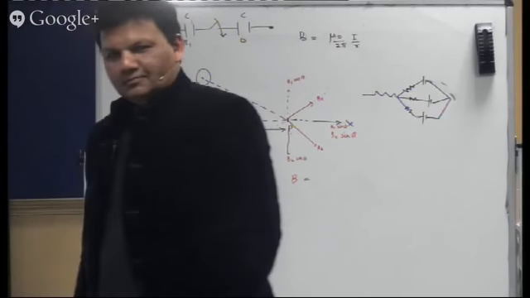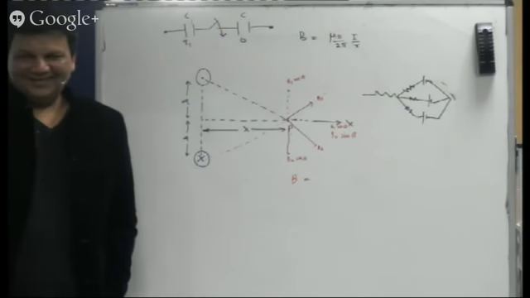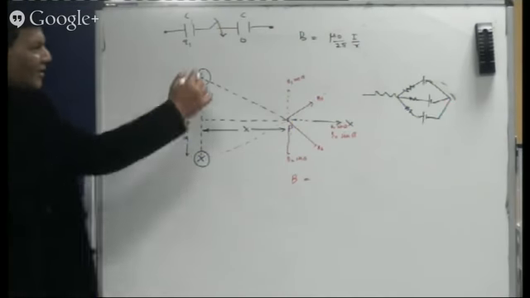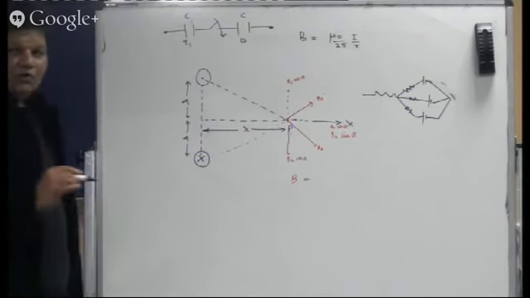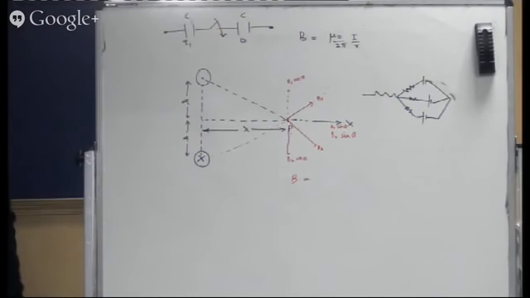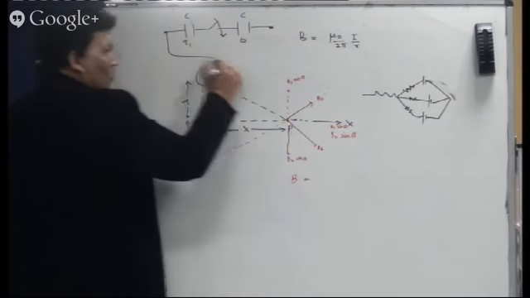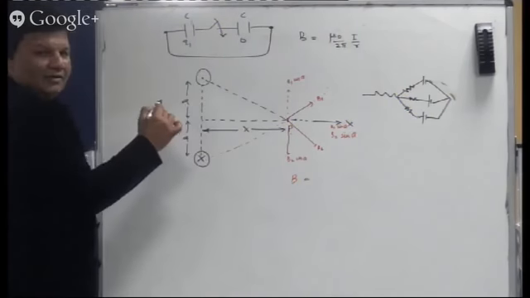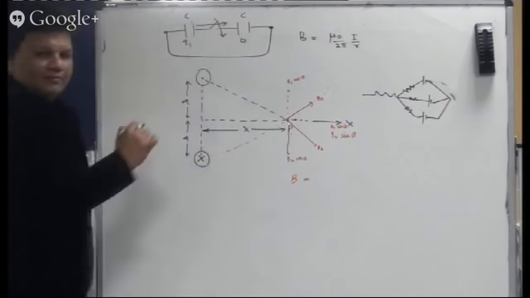Will the charge move? I told you, charge or current has to move in a closed loop. Till the time you don't connect them, this charge is not going to move.